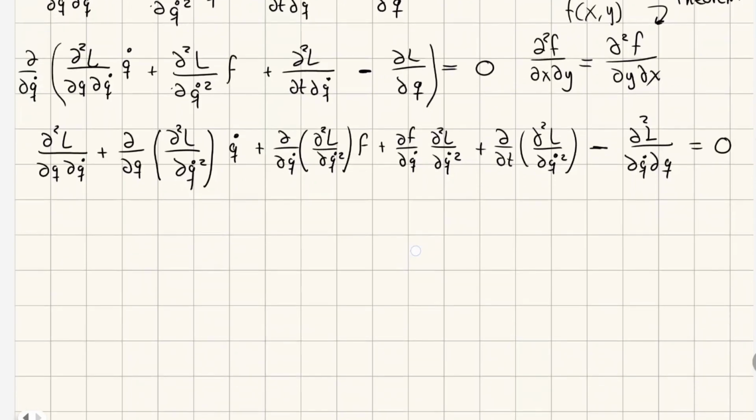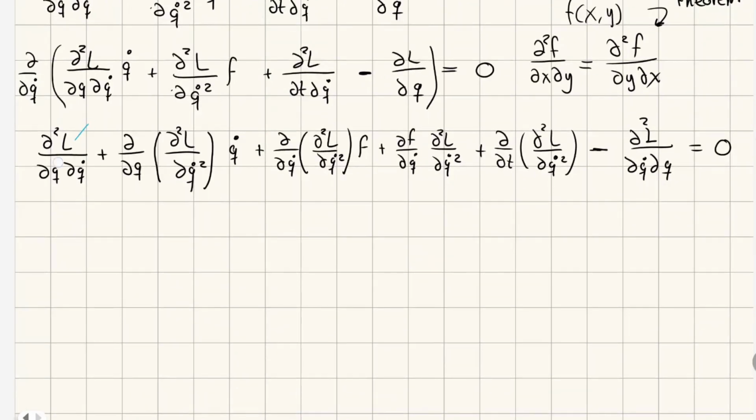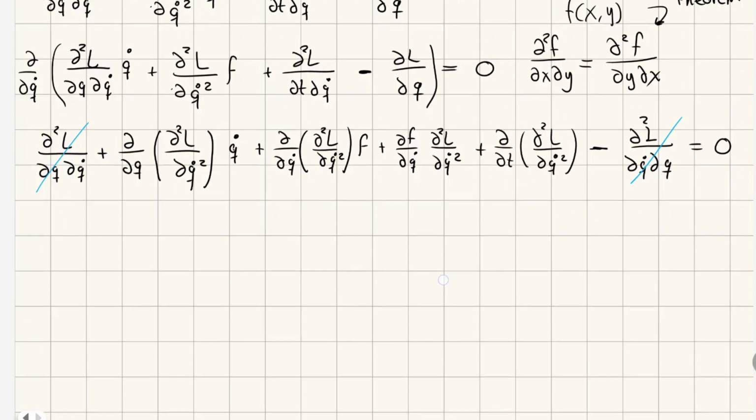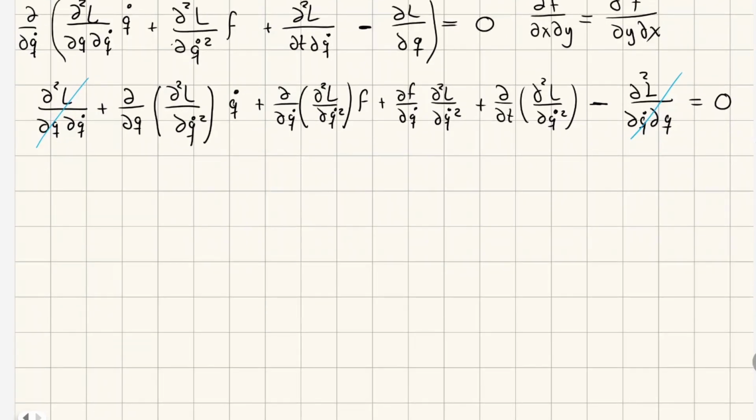What you can notice here is that this term can cancel with this term just by switching the order of the derivatives again. Okay, and we are going to introduce, like I said, a new variable m that will be defined as the second partial of L with respect to q dot.